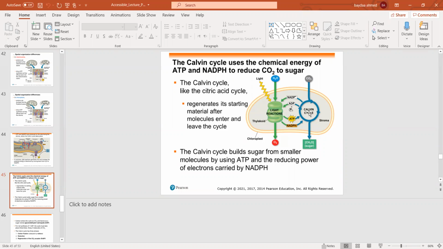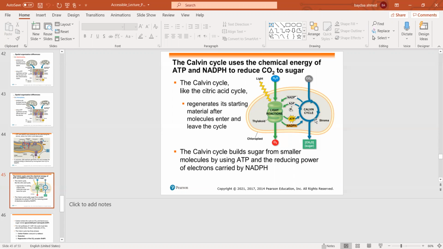It's similar to the citric acid cycle in that the starting material is regenerated after some molecules enter and others exit the cycle. However, the citric acid cycle is catabolic, oxidizing acetyl-CoA and using the energy to synthesize ATP, while the Calvin cycle is anabolic, building carbohydrate from smaller molecules and consuming energy.